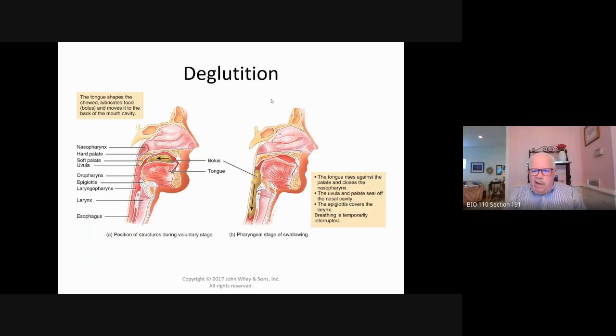The uvula and the palate help to seal off the nose. The epiglottis covers the larynx. Breathing is temporarily interrupted when you swallow anything. So that's very, very important.